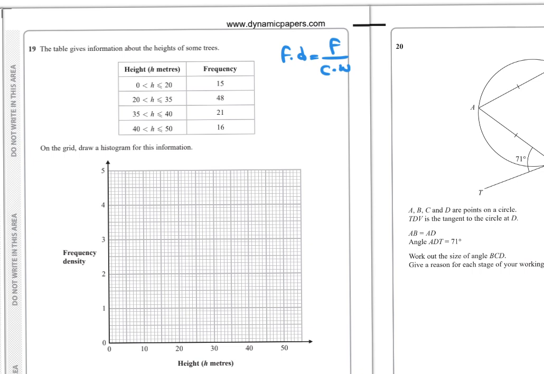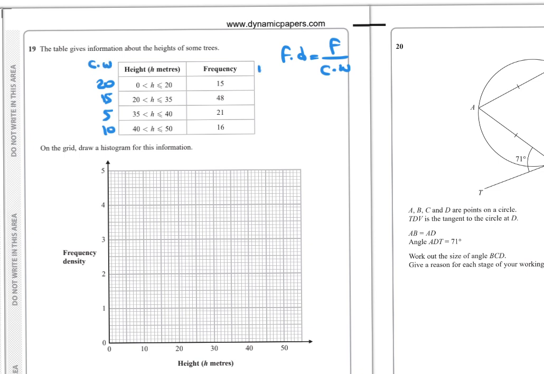So for the class widths, 20 minus 0 is 20, 35 minus 20 is 15, 40 minus 35 is 5, and 50 minus 40 is 10. So these are the class widths.